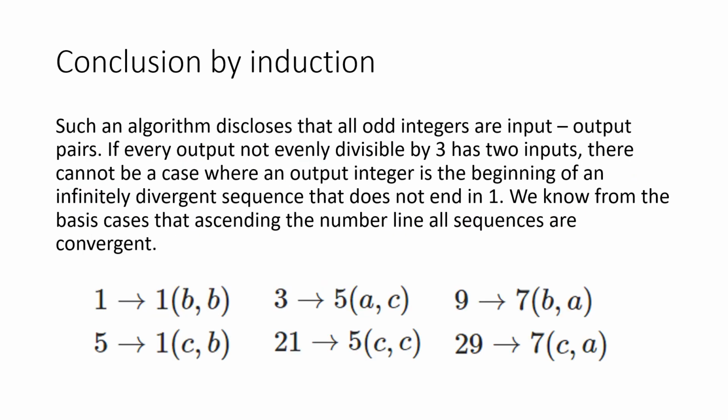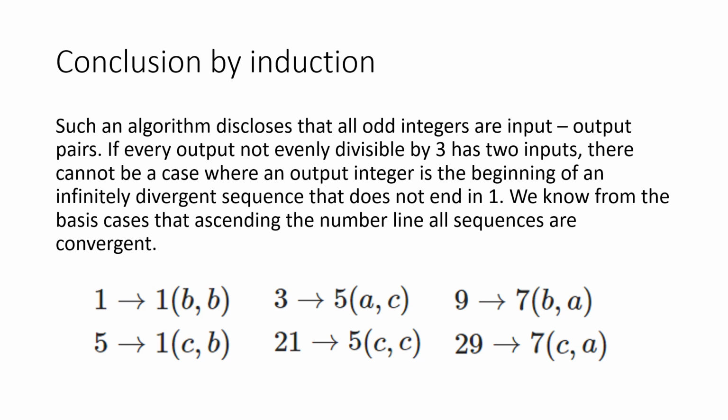We're at the end, so I'm going to wrap up the conclusion by induction and say that the algorithm I presented discloses that all odd integers are input-output pairs. And if every output not evenly divisible by 3 has 2 inputs, there cannot be a case where an output integer is the beginning of an infinitely divergent sequence that does not end in 1.